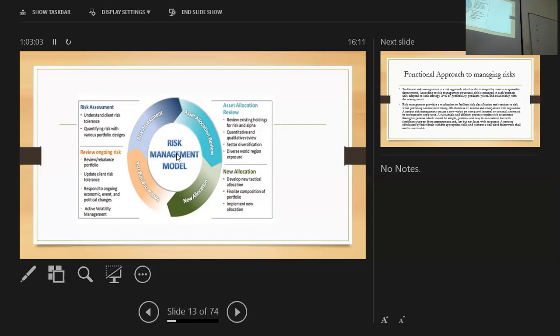We're now looking at how to manage them. You need to further assess the risk. Earlier on, I did mention what we call risk mapping, right? Risk mapping, which is a method of assessing the risks.